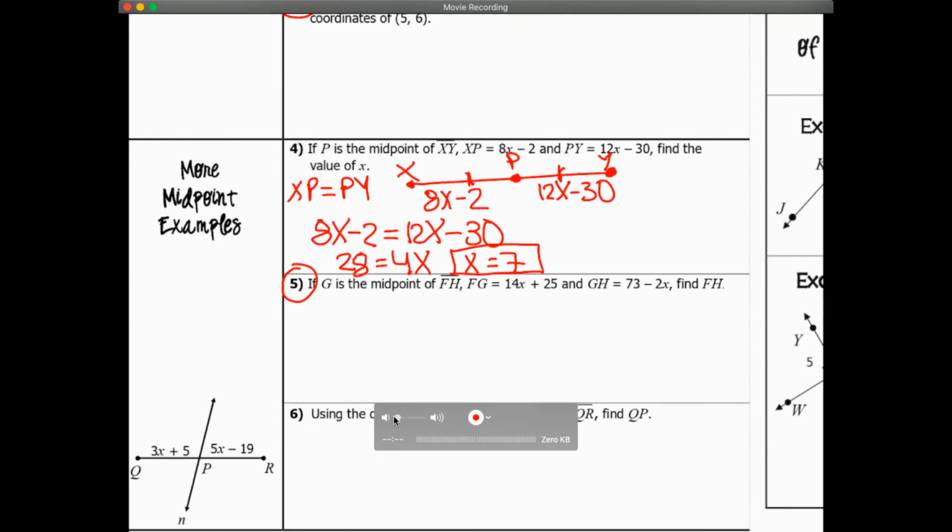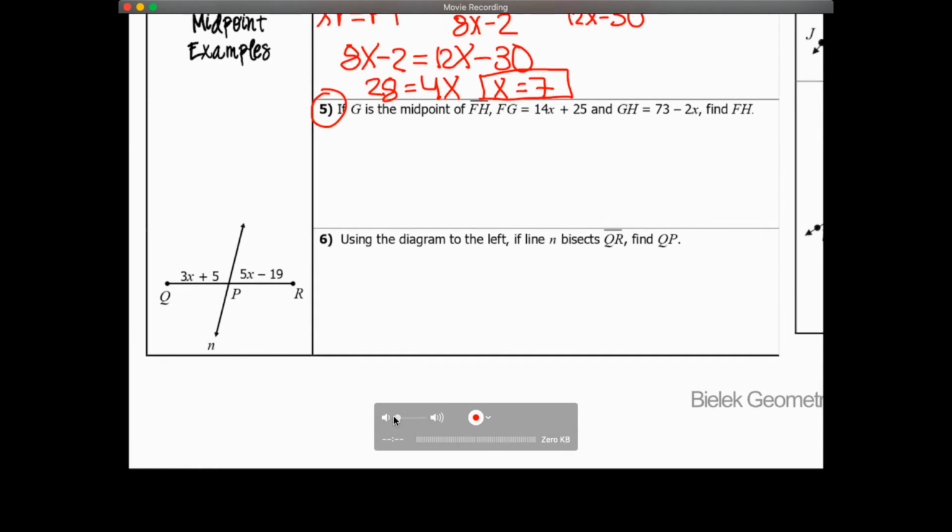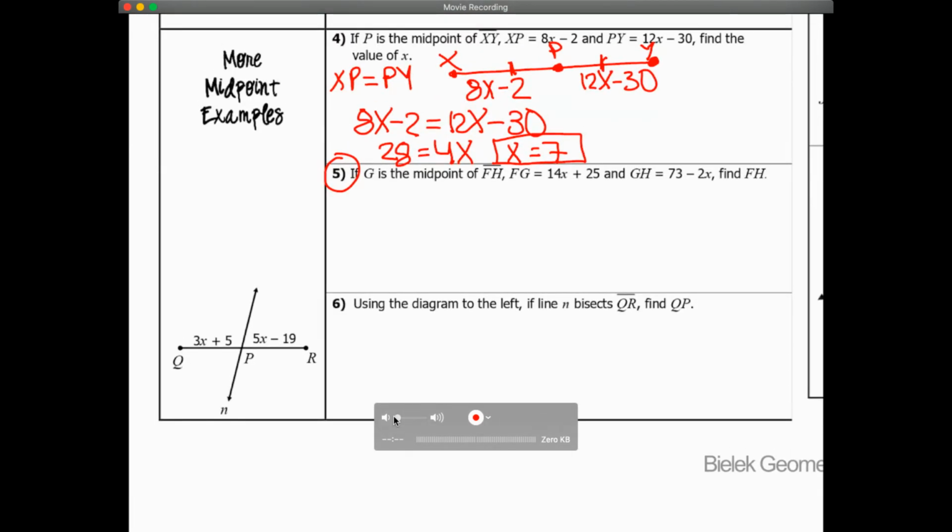Same procedure. We'll do 6 together. So using the diagram to the left, if line N bisects QR, find QP. Just so you know, bisect means it splits in half, or in other words, it splits into 2 equal parts.